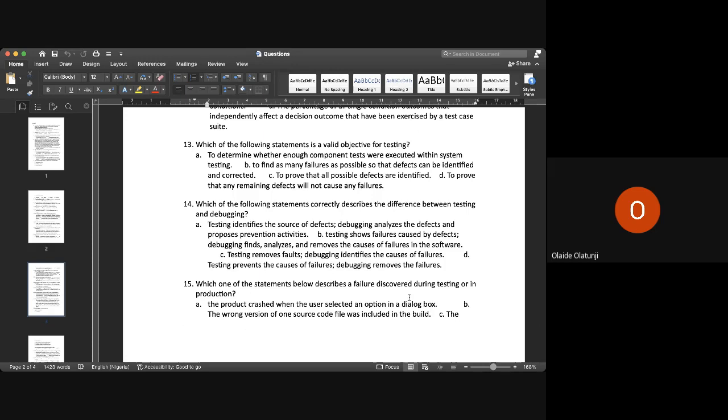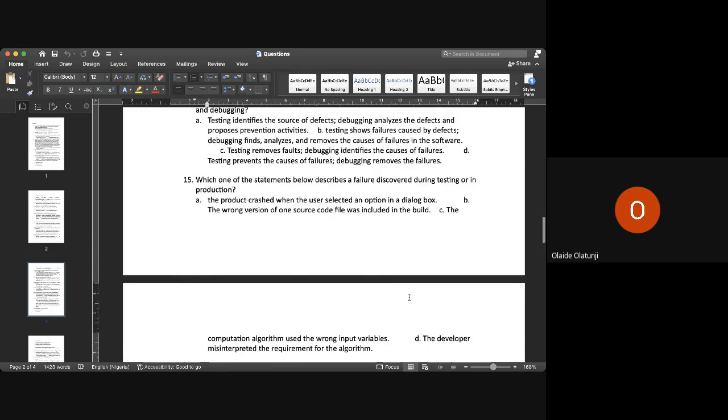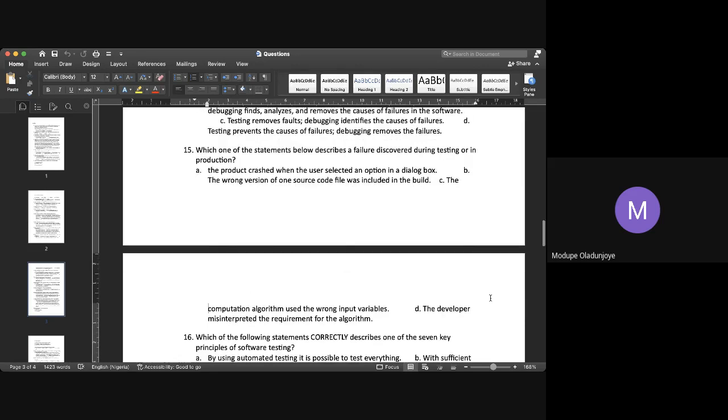Next one. Which of the statements below describes a failure discovered during testing or in production? What did you pick? Do you still remember failure?